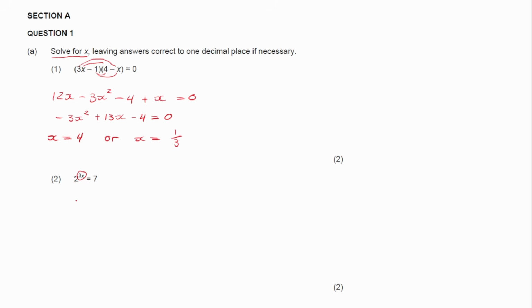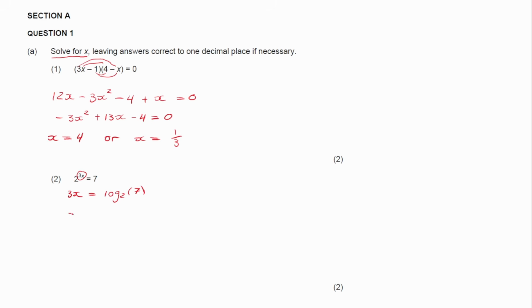So here what we need to do is log base 2 of both sides. If we do log 2 on the left, log 2 and base 2 cancel. So we're left with 3x. And on the right, we have log 2 of 7. Because for exponentials, 2 to the power of something, the inverse operation is log 2. We take the log 2 of both sides.